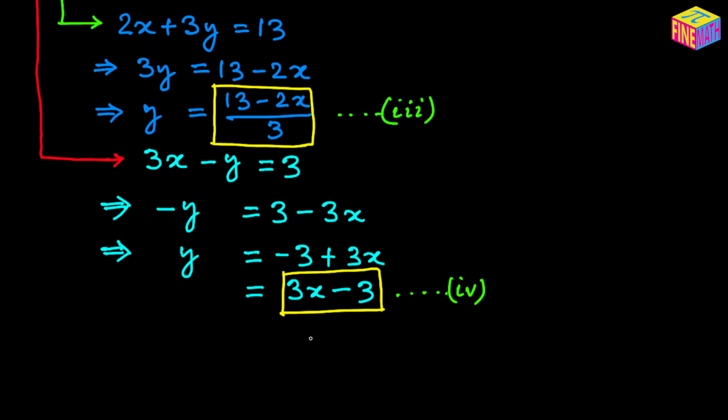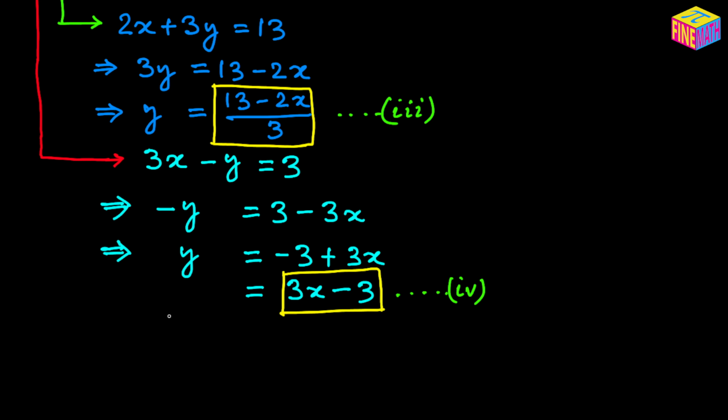So they must be equal, and that is the main theme of this comparison method: we find the value of one particular variable in terms of the other variable, and then we compare them for equality, and obviously they better be equal because in both cases they represent the value of y.